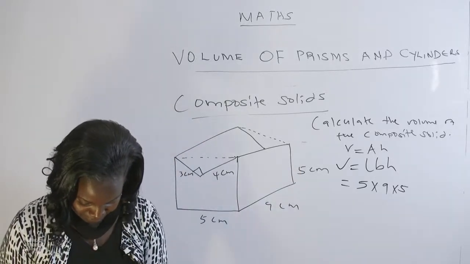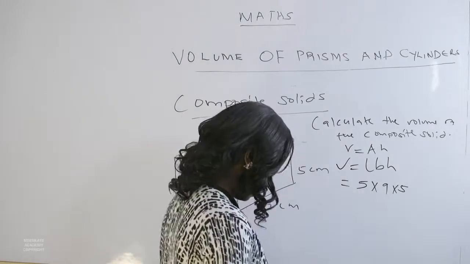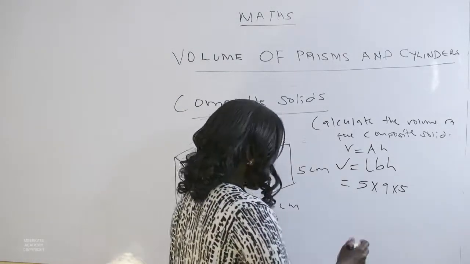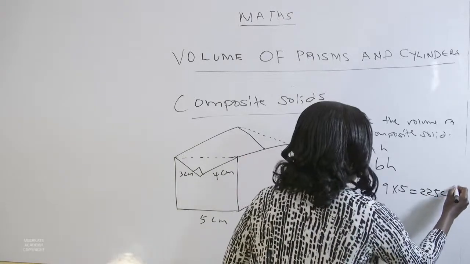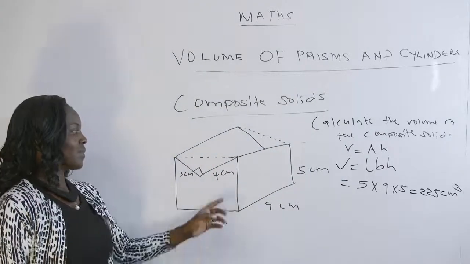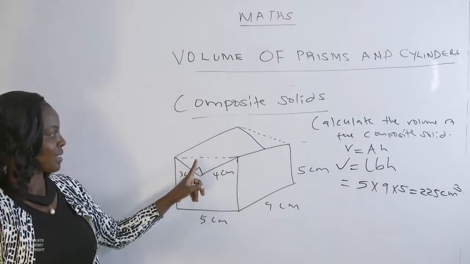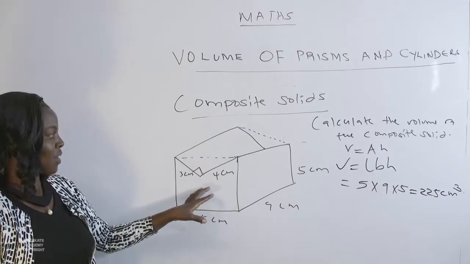We'll have 225 cubic centimeters. Then this is a triangular prism that is carved out of this rectangular prism.